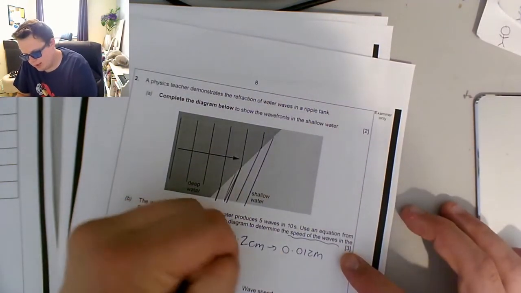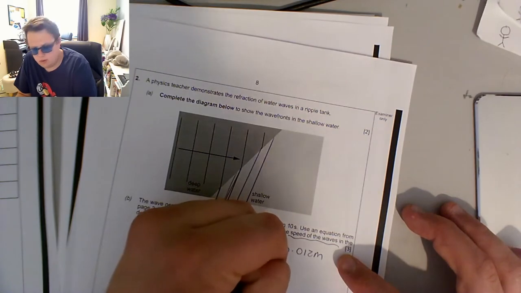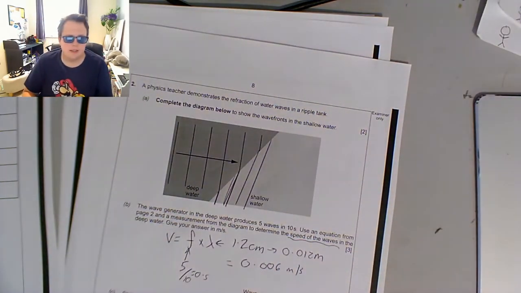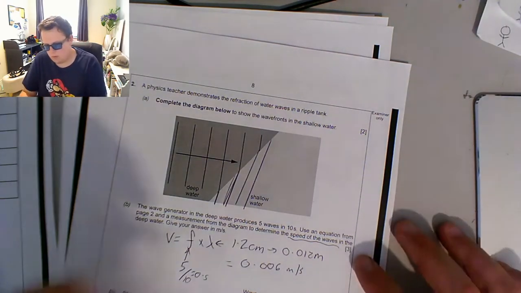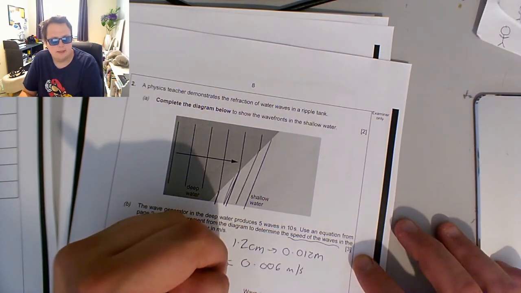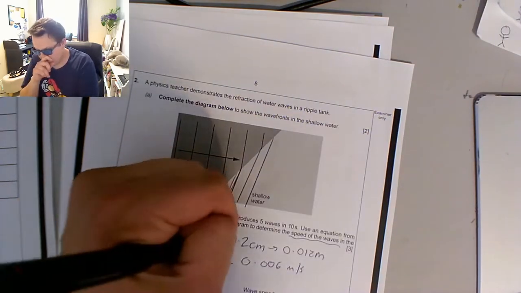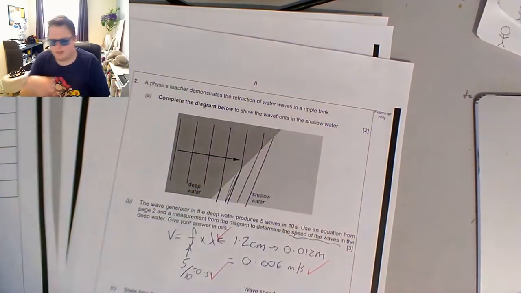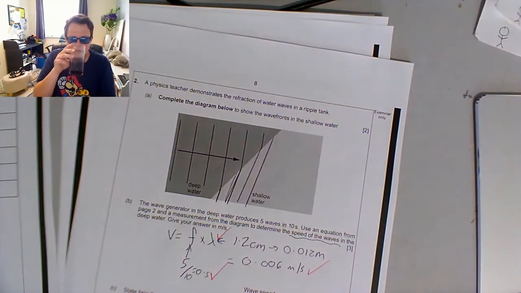So we then multiply those 2 numbers and we get 0.006 meters per second. 3 marks. 1 for working out the frequency, 1 for multiplying the correct answer, and the other is for getting the right answer.